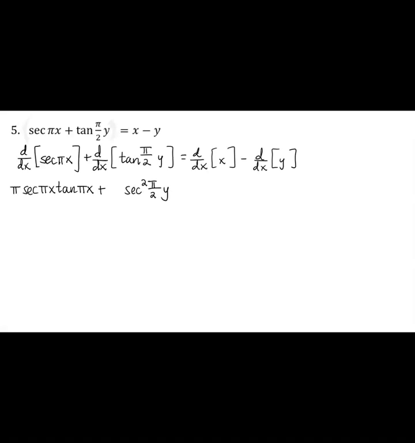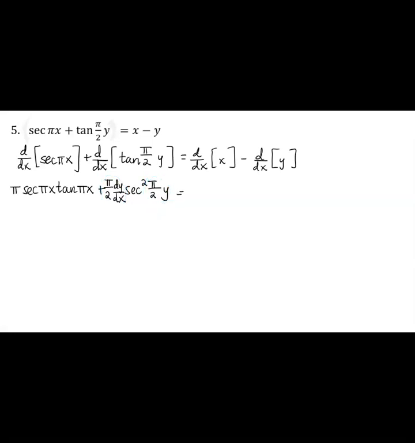Well, remember that y has a derivative, and the derivative of y is dy dx. And it does have this constant of pi over 2 in front. So we will have a pi over 2 dy dx. So this pi over 2 dy dx came from chain ruling the derivative of that pi over 2 y.